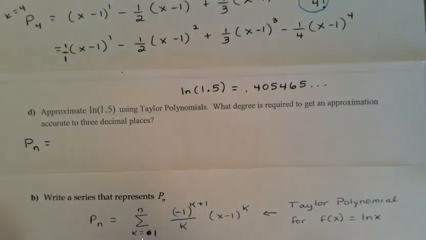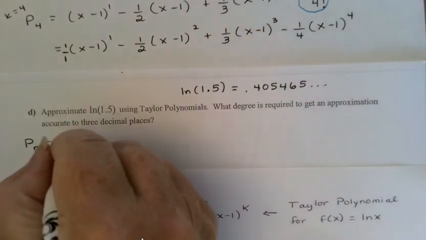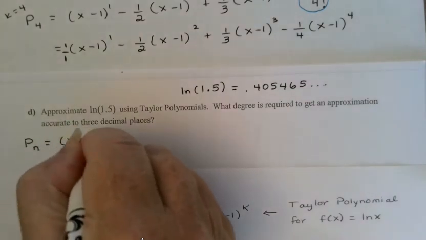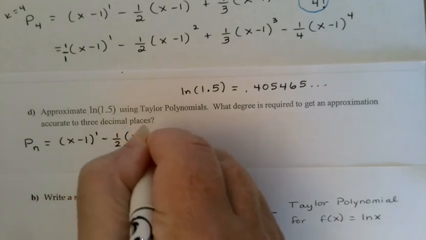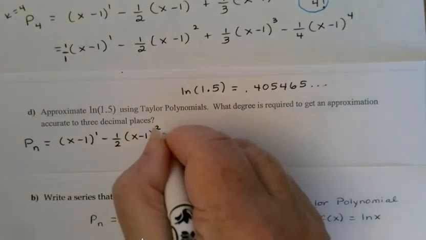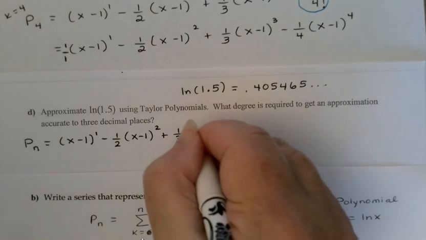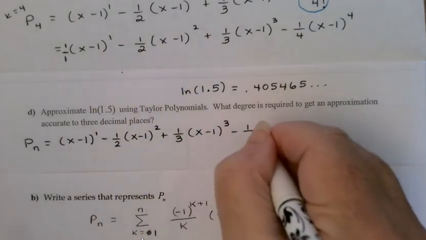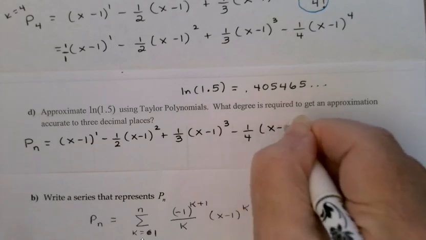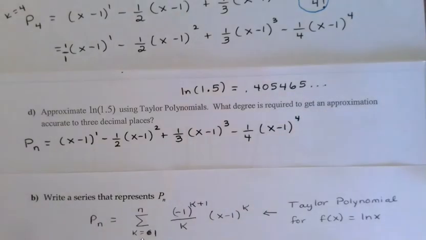We already know that we started out with just x minus 1 to the first. And then we had minus 1/2 x minus 1 squared, plus a third x minus 1 cubed, minus a fourth x minus 1 to the fourth.